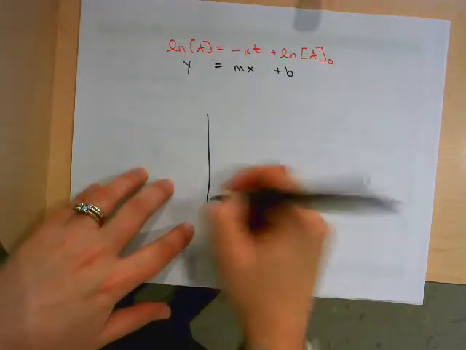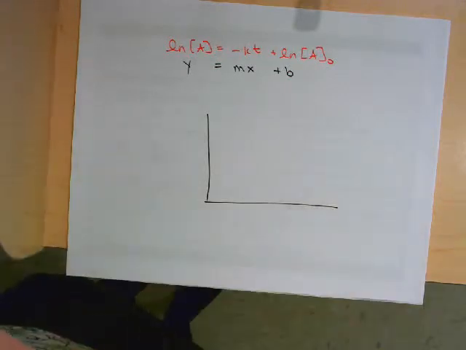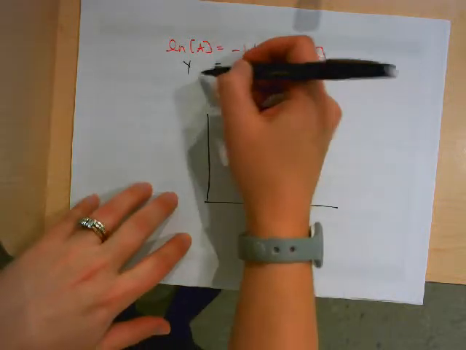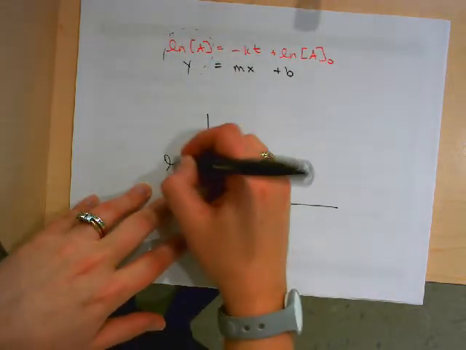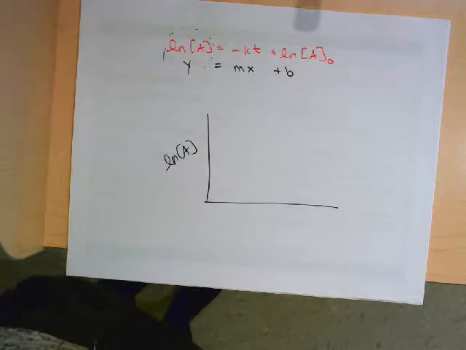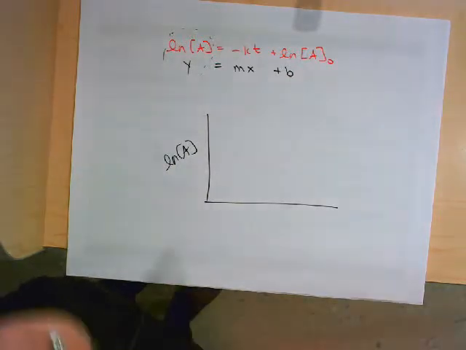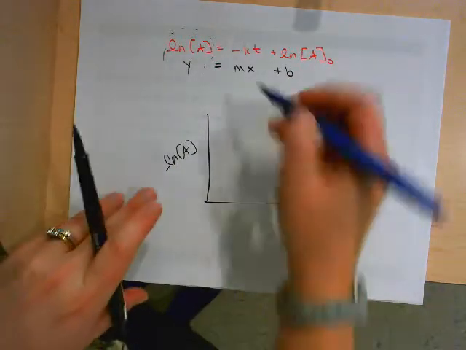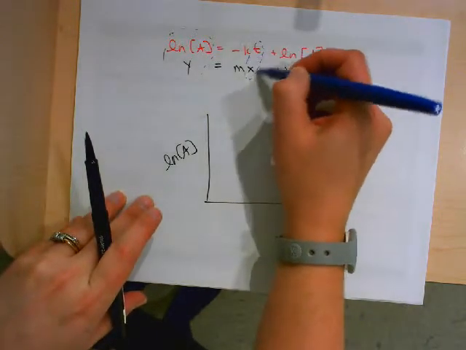So if I do this, which one of the variables should I put on the y? These line up, so I should put ln of A over here. What should I put on the x-axis? What lines up? Time.